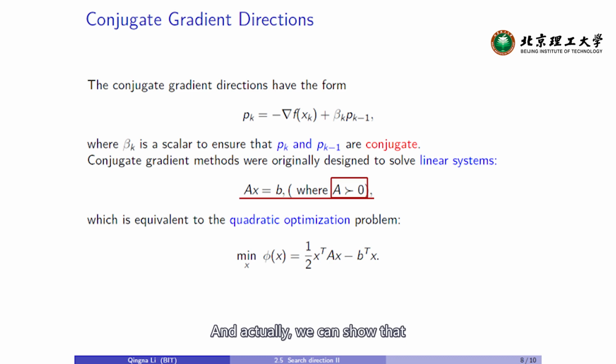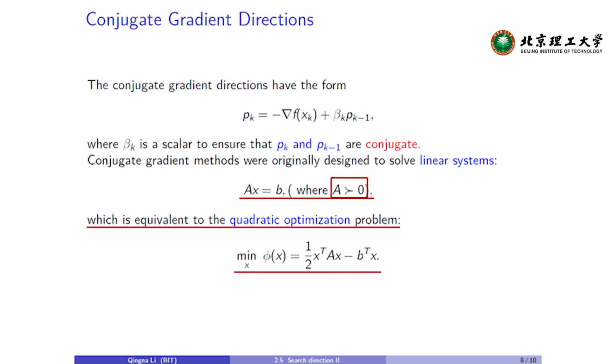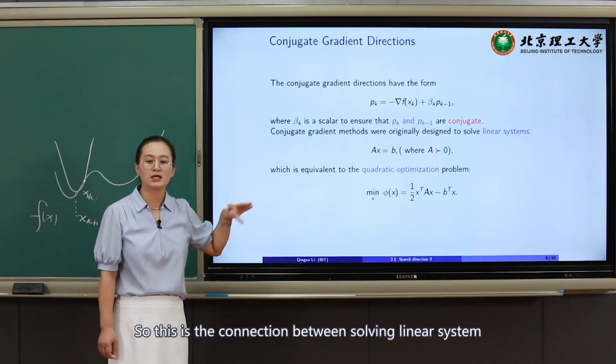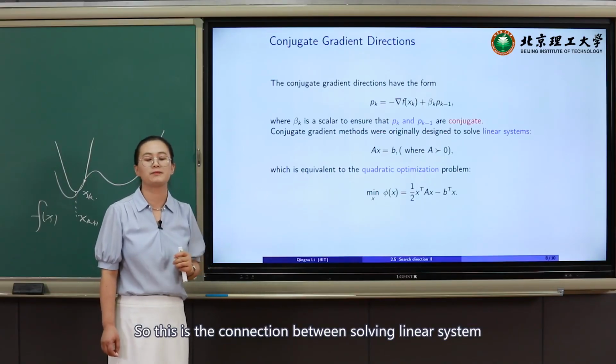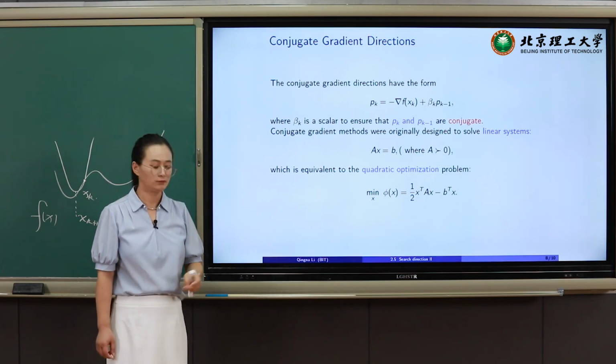And we can show that solving this linear system is equivalent to solving a quadratic optimization problem, which is a minimization problem here. So this is the connection between solving a linear system and solving an optimization problem.